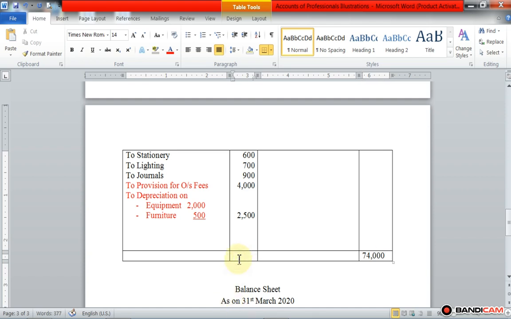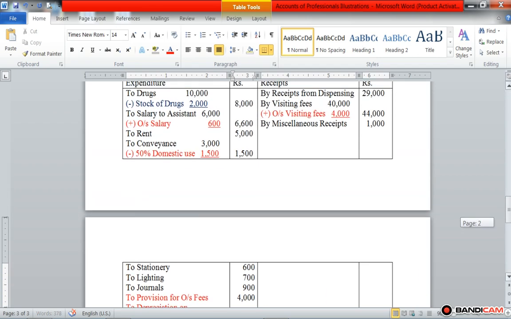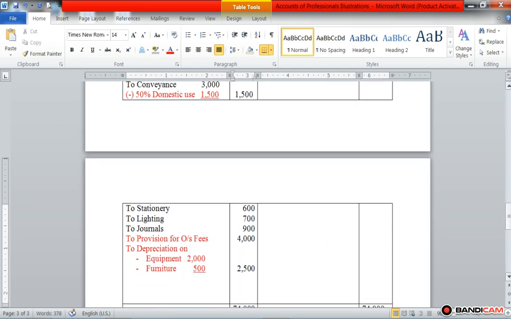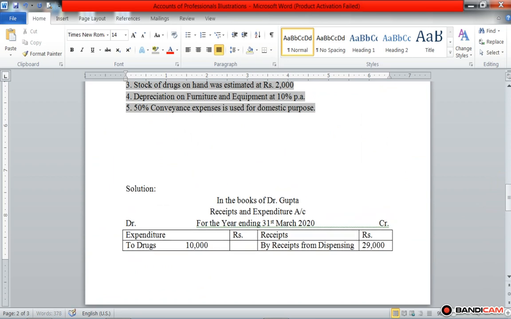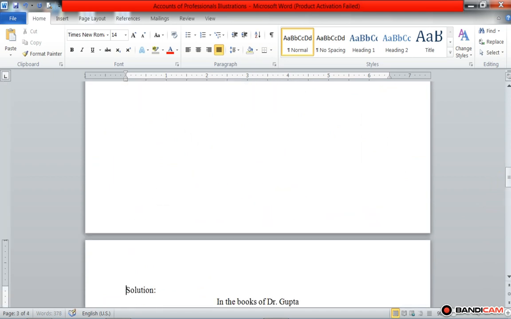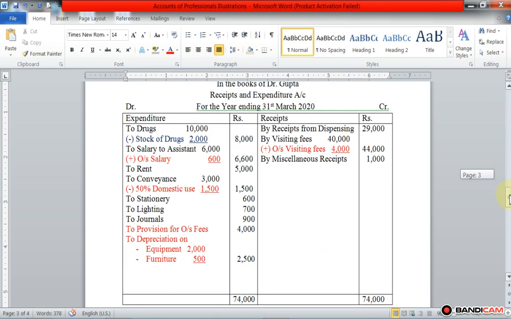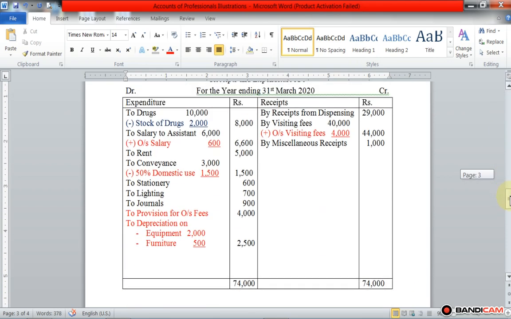So put this 74,000 on the payment or expenditure side and find out the difference, and that difference is called surplus. It means receipts are more than expenditure, income is more than expense, so we get a surplus.